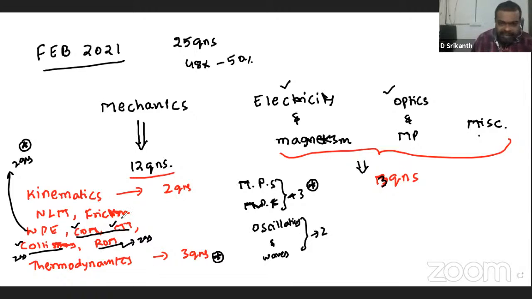If you read at least this much, 3 plus 3 is 6, 6 plus 2 is 8. Whatever the teacher, students will read kinematics. They don't have any problem with kinematics, so they will read that one. The only problem they see is with collisions, circular motion, and rotational motion.